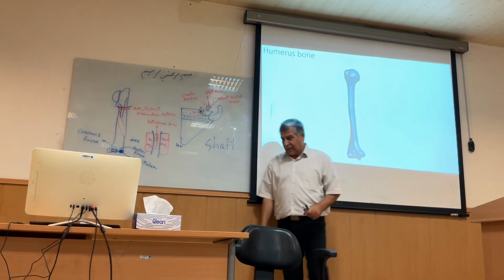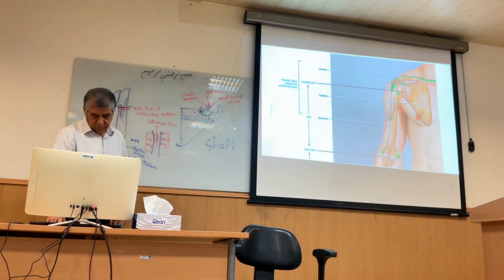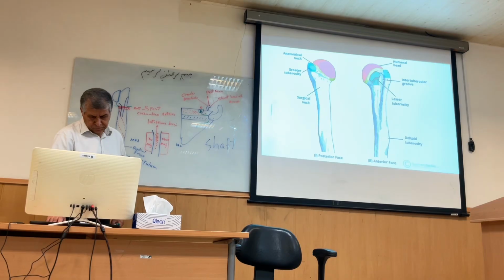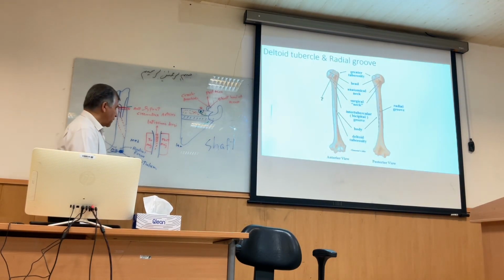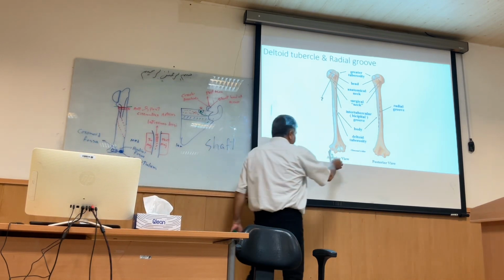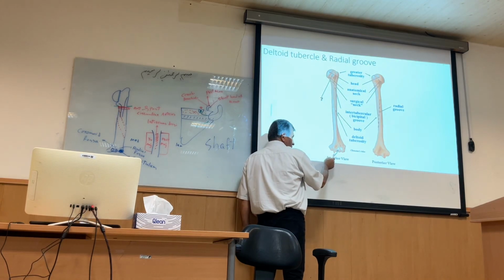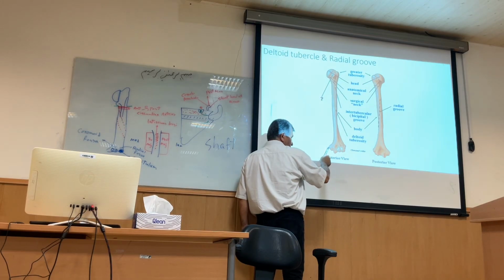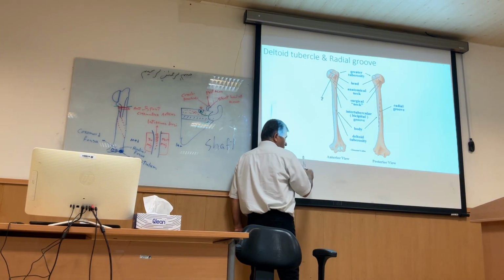Posteriorly. Okay. Anteriorly from medial to lateral: medial epicondyle, trochlea, capitulum, lateral epicondyle. Medial is more prominent for protection of the ulnar nerve passing behind the medial epicondyle.